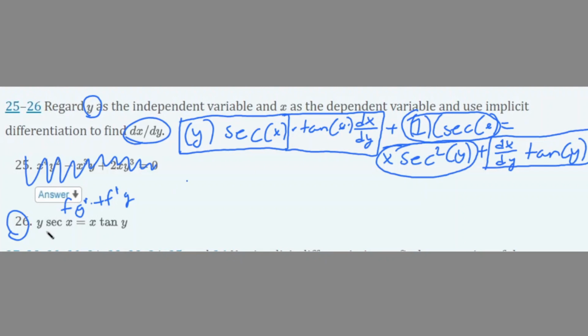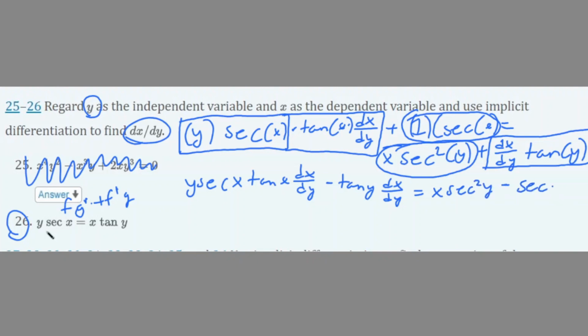So now if we rewrite it to look a lot better, we're going to have y secant x tan x dx/dy, and that's going to be added on to tan y dx/dy is equal to x secant squared y minus secant x.